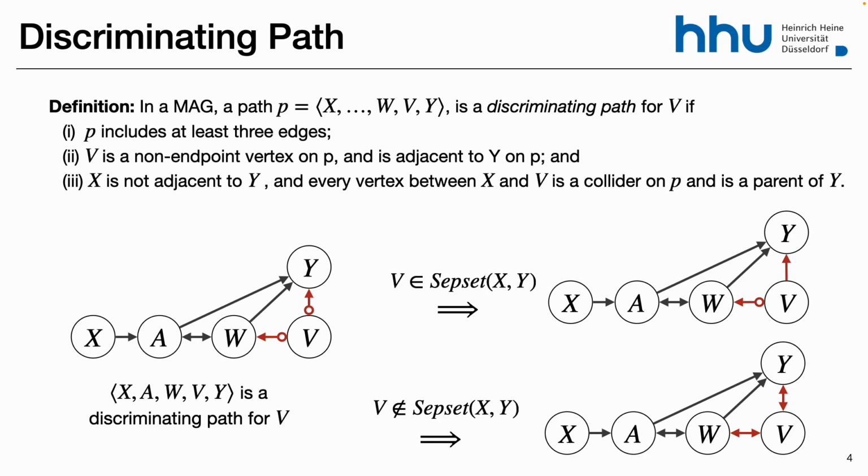Remember that this is a MAG. This doesn't mean that this happens in the ADMG. In the ADMG, I could have a bidirected edge here, but for sure V is an ancestor of Y through a path like here. The edge in a MAG means that there exists an inducing path, and a bidirected edge is an inducing path.